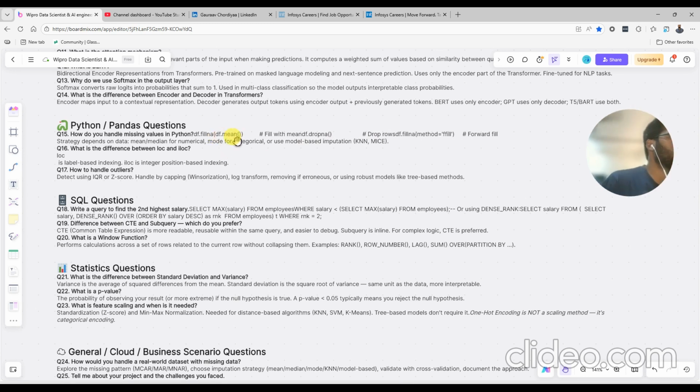So we are just putting here a df.mean, filling with the mean value of that, and you can use df.dropna. So we are just dropping those values wherever we have NA value. Drop rows, we can drop the rows depending on the situation.